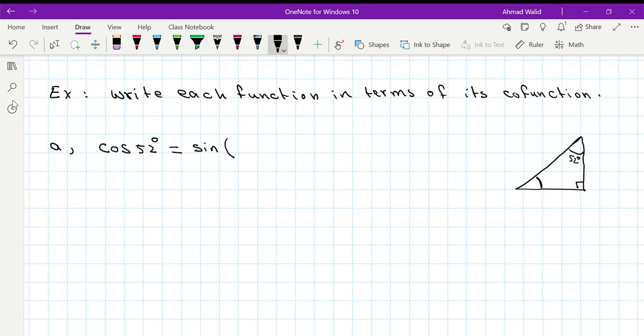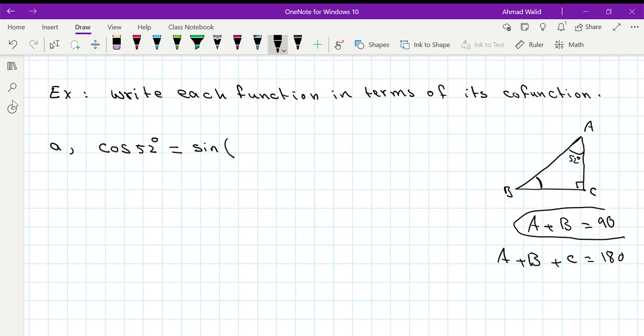If I name this angle A, this angle B, A plus B always gives you 90, correct? Because A plus B plus C gives me 180. If one of them is 90, the other two should give me immediately 90. And if they give me 90, it means they are complementary, correct?